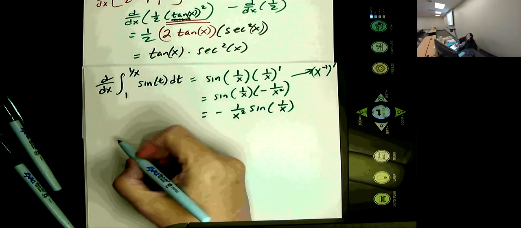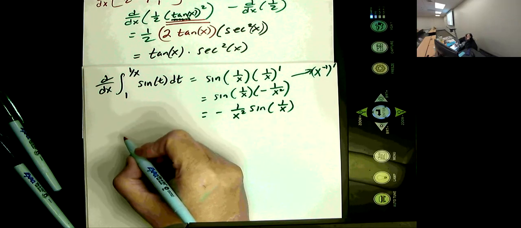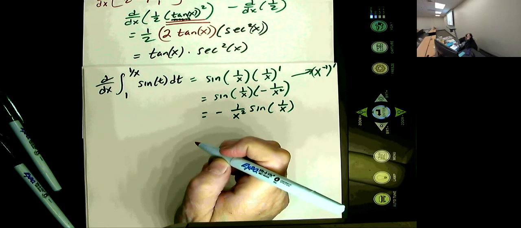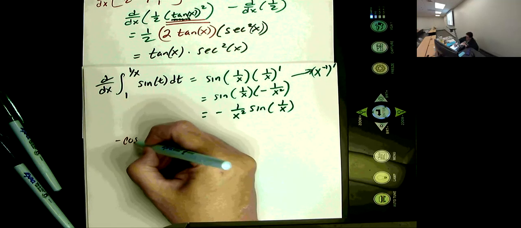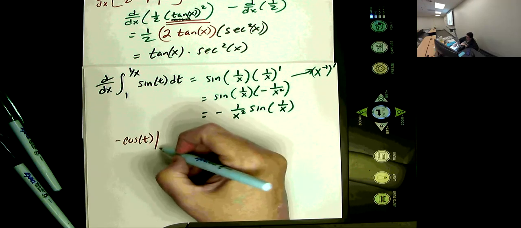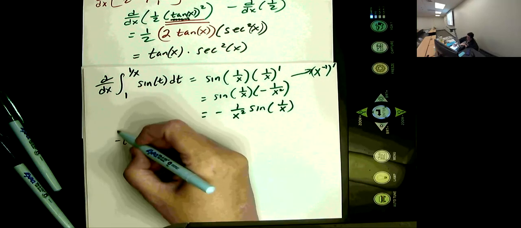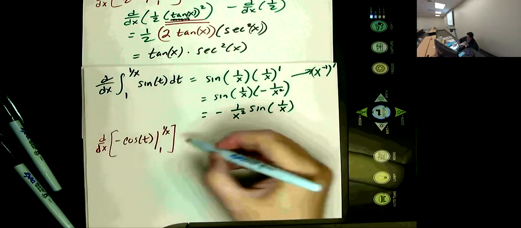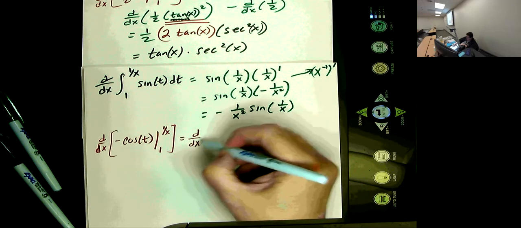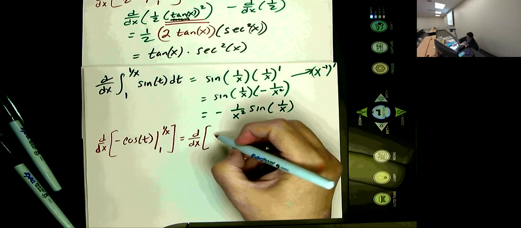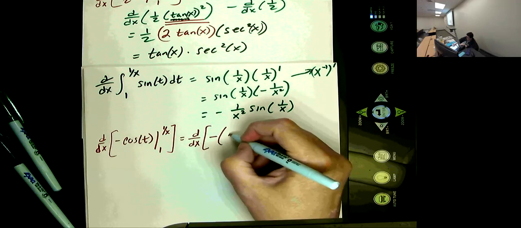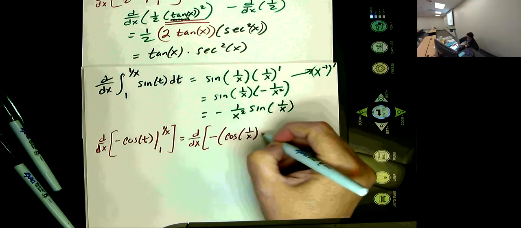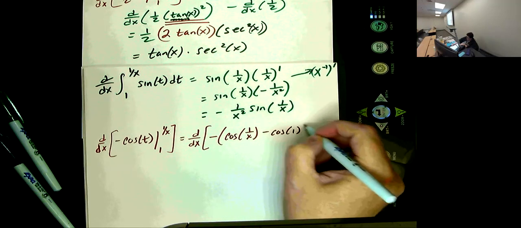You did the other way. The integral of sine is what? It's negative cosine. Excellent. And we're doing that from 1 to 1 over x, and we still have a d/dx. We have negative cosine of 1 over x minus cosine of 1.